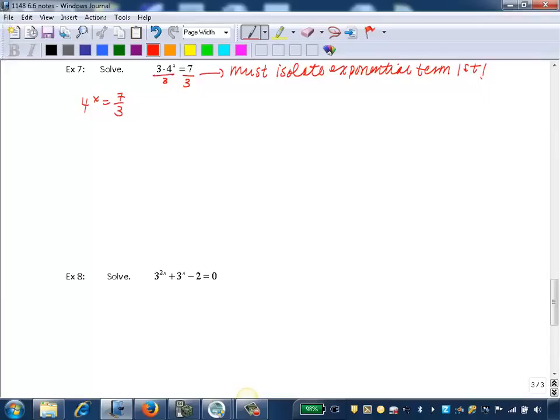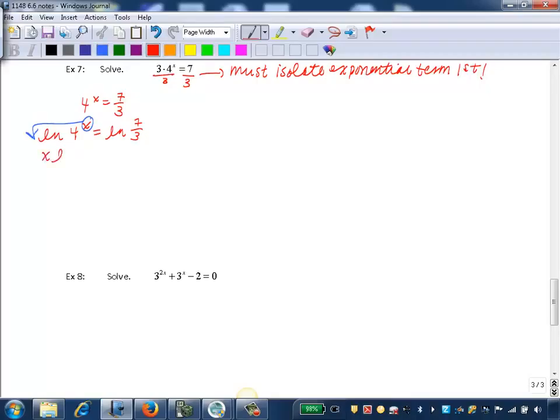So if we take log of both sides, remember we can take log, natural log, or common log, because either of those can be evaluated in the calculator. So I'll do natural log here, just for an example. So we'll have natural log of 4 to the x equals natural log of 7/3. And remember, this is useful because now this exponent can be multiplied out in the front, and then we can solve for that variable.